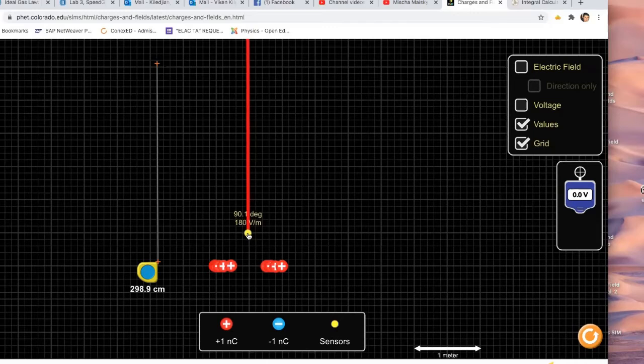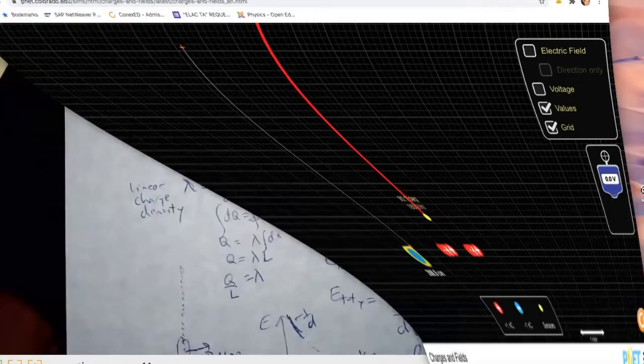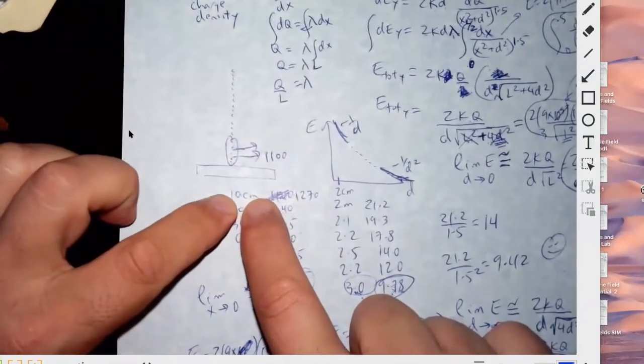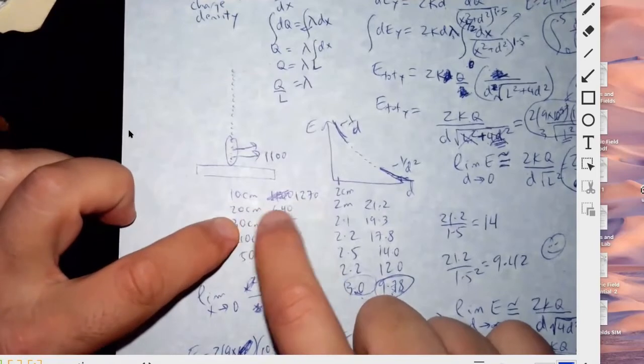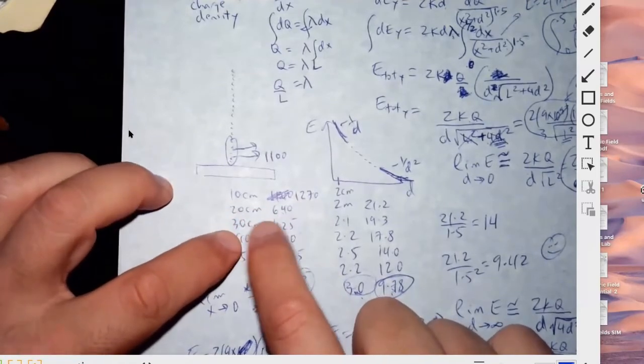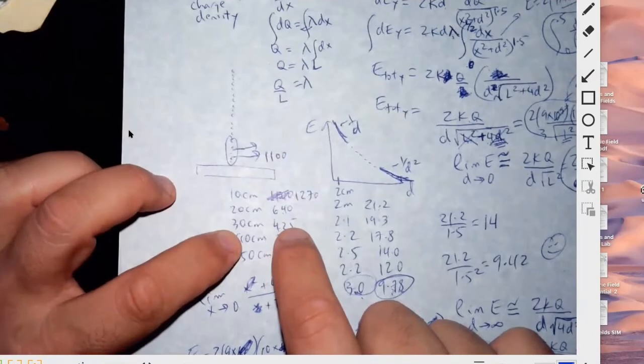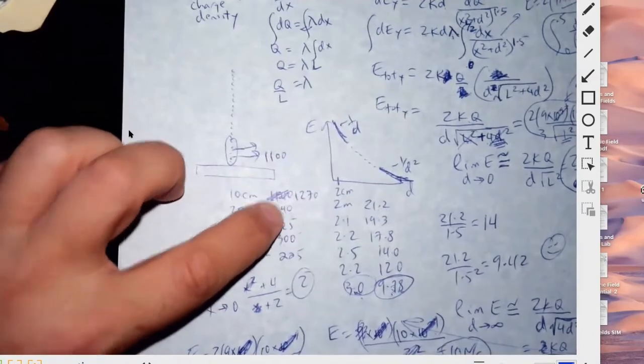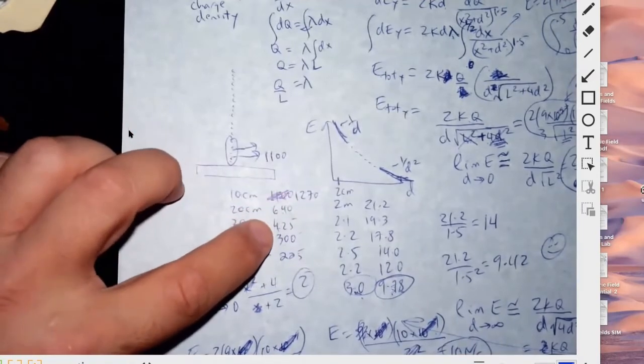See this data that I had? I'm comparing it to this data when it was uniform. 10 centimeters was 1270, 20 centimeters was 640, 30 centimeters was 400. So you see, they were in the 1,000, 600, 400.